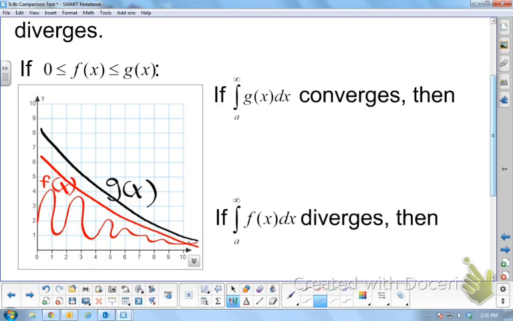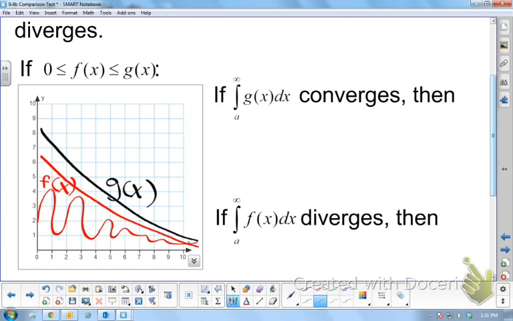It's converging. If you have a big function over a smaller function, and you have a bottom limit, it's got to converge because there's no place for it to go. It can't go down underneath the x-axis. It can't go above g of x, and if g of x is going to meet the x-axis, it converges.